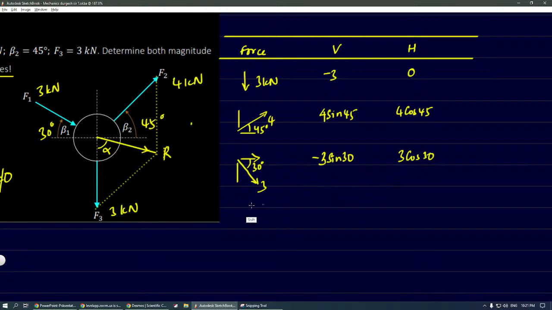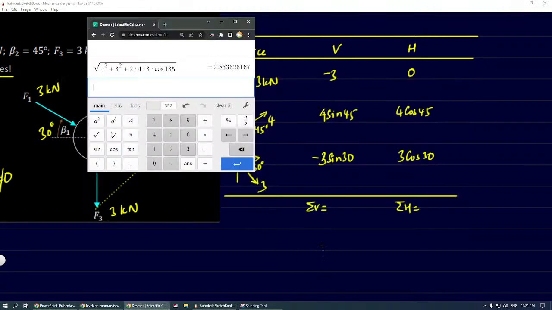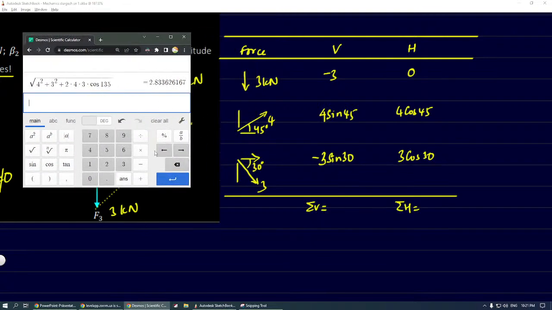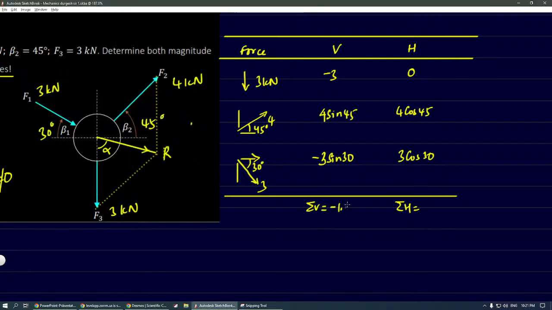Now you just need to add them. Sigma v, the sum of all the vertical components, you add these and you will get it. If you add the others, you will get the sum of all horizontal components. Minus 3 plus 4 sine 45 minus 3 sine 30 is minus 1.67.